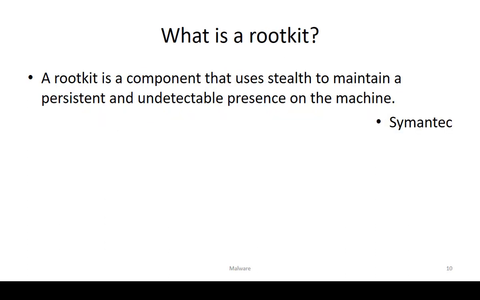Now, rootkits, on the other hand, are components that will use stealth to maintain some persistent and undetectable presence on a machine. Rootkits are similar to hack tools, basically, and once an intruder can use a rootkit to have administrator level access to a computer.